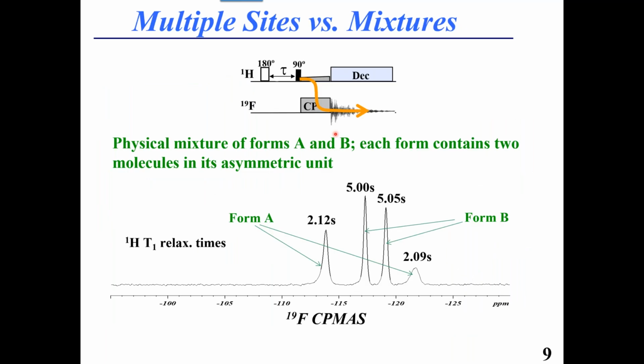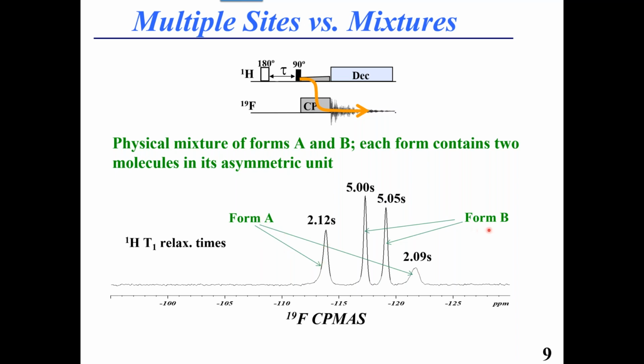All right, I mentioned already that you can use relaxation as a simple tag to distinguish pure phases from mixtures, and this is how you do it. So here was a test mixture. I already labeled the peaks. This is fluorine NMR.